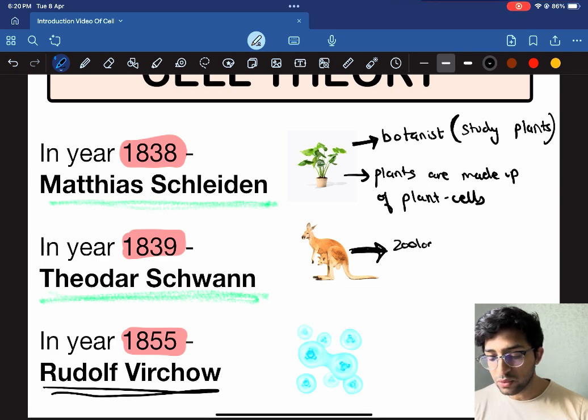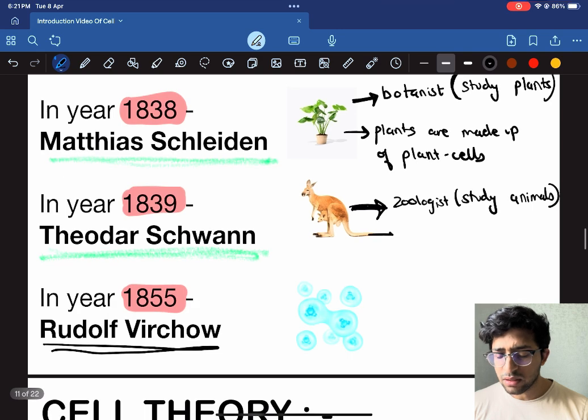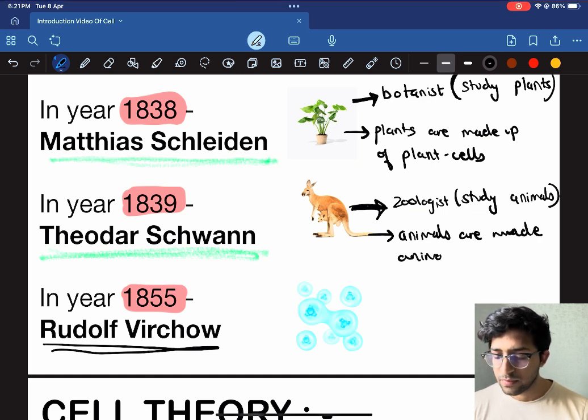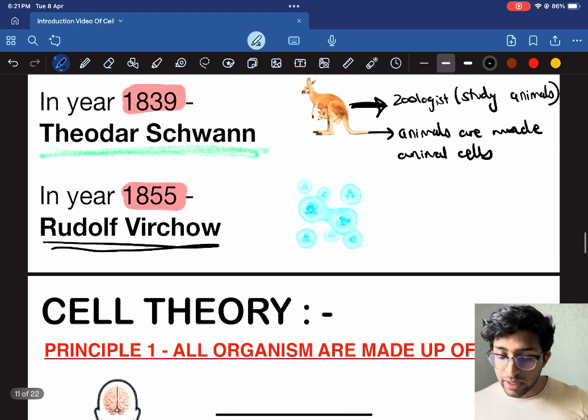Zoologists are those who study animals. And this guy also came with a concept that all animals like us are made up of animal cells. Then Rudolf Virchow came with a very interesting concept that there is a thing called cell division.